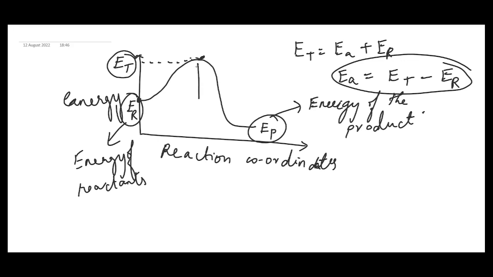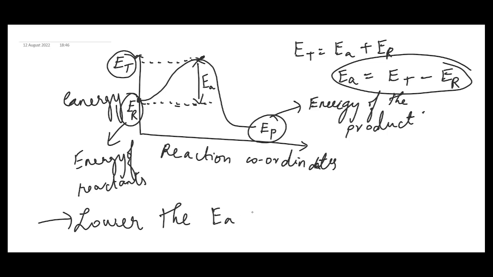So this is nothing but the activation energy Ea. That is the difference between these two points. This is nothing but Ea. Yes. So from this graph also we can come to a conclusion that lower the activation energy, this is the most important point, faster is the reaction.